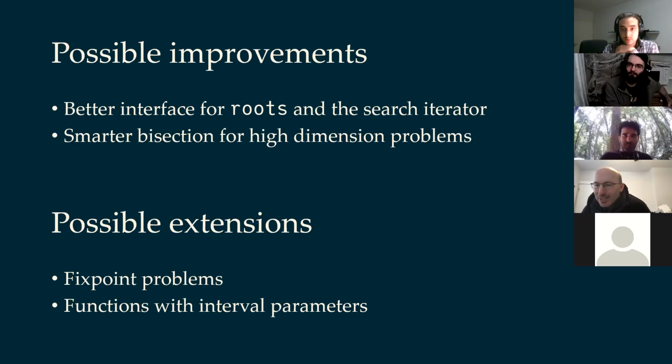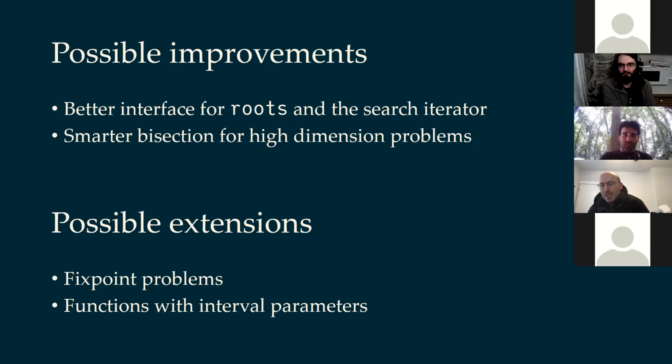I don't know if anybody else has a question, or there's just one more comment. As you mentioned, in high dimensions in particular, we are basically just doing bisection. But if you actually add in this kind of contractor constraint programming approach, then that should help you to remove big pieces of the set.